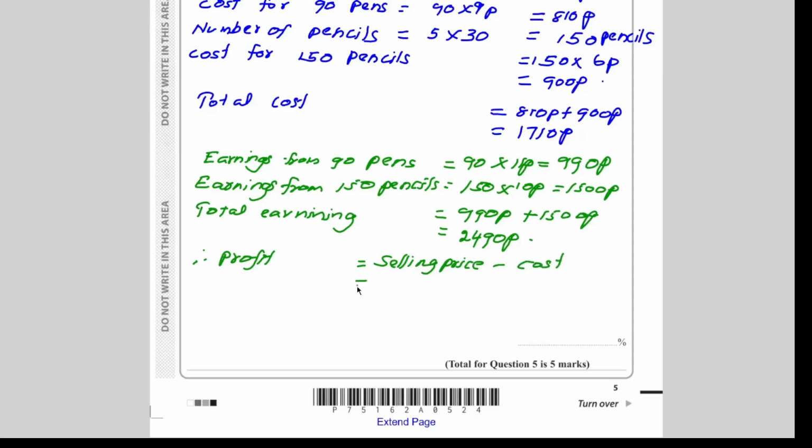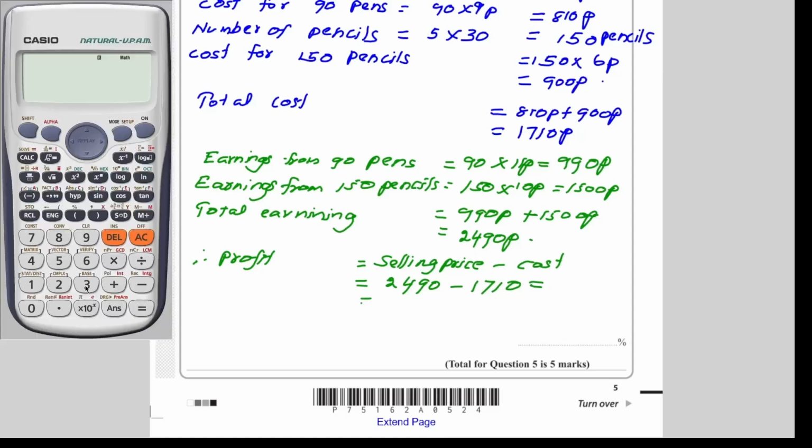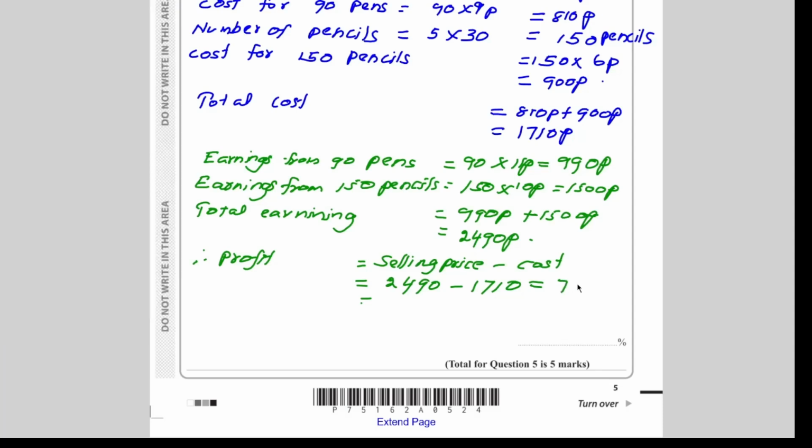The selling price in this case is 2490 minus the cost, which is 1710. 2490 minus 1710 gives out 780 pence.